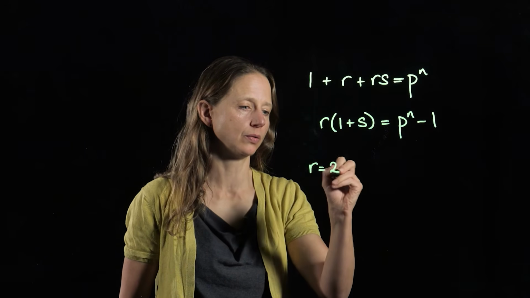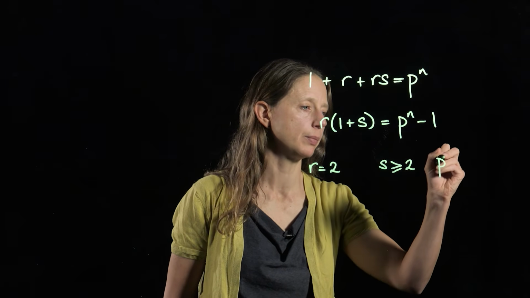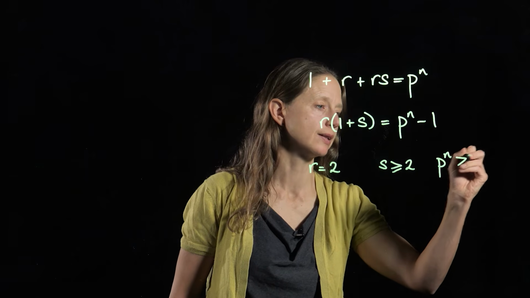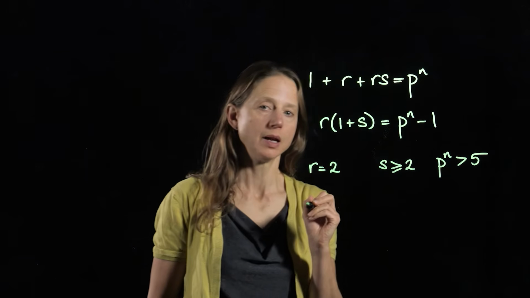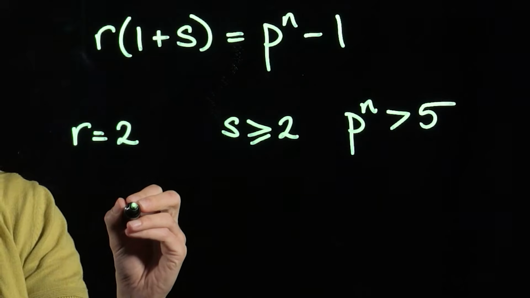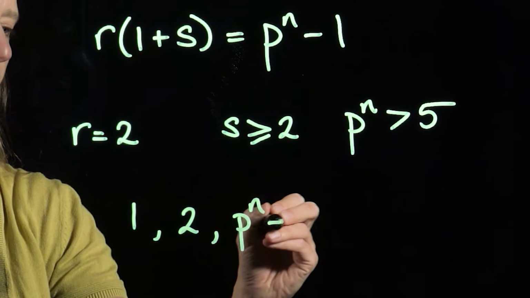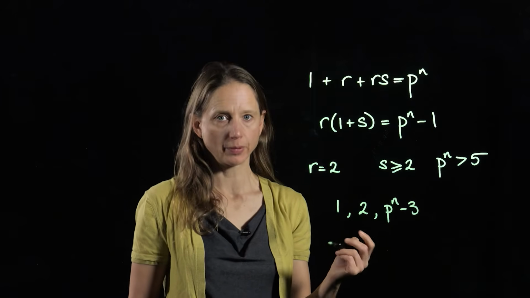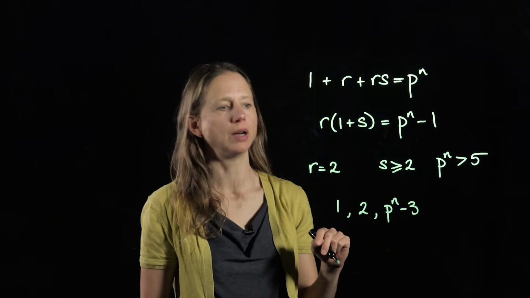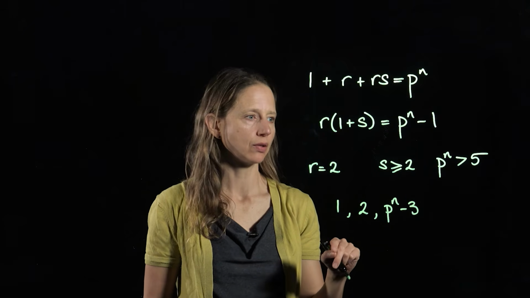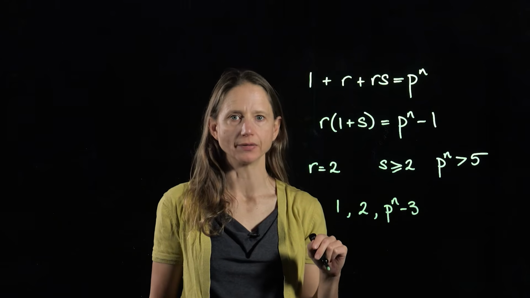So we could just say that we're going to let r equal 2 all of the time. We need to make sure that s is greater than or equal to 2, and that tells us that p to the n has to be greater than 5. But as long as that's the case, we can then use 1, 2, and p to the n minus 3 as a ramp that will sum to give any power of an odd prime as long as that power of the odd prime is greater than 5.